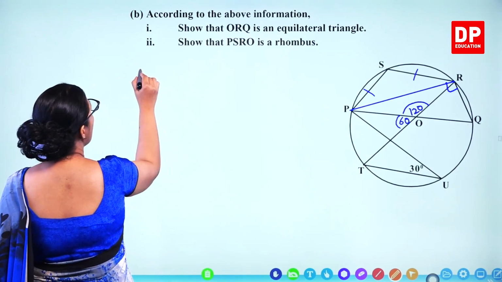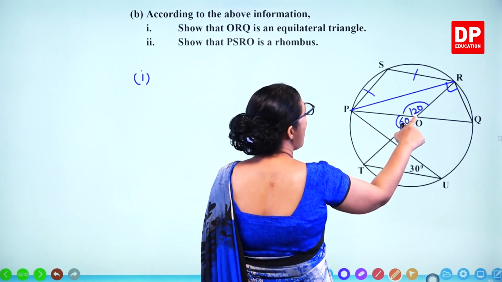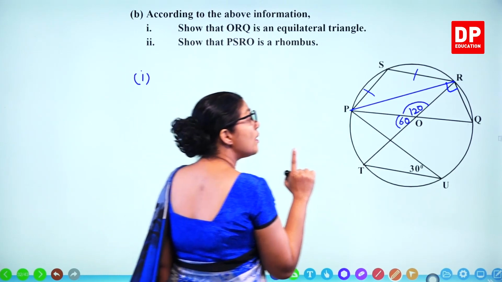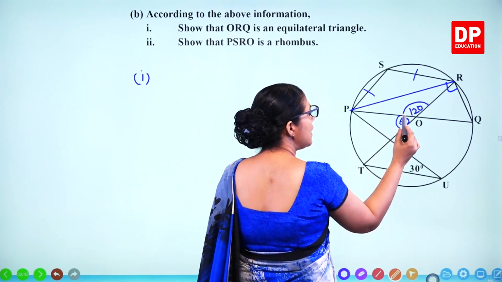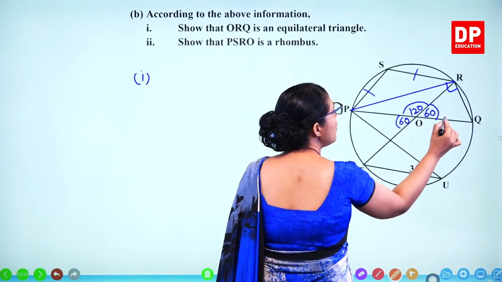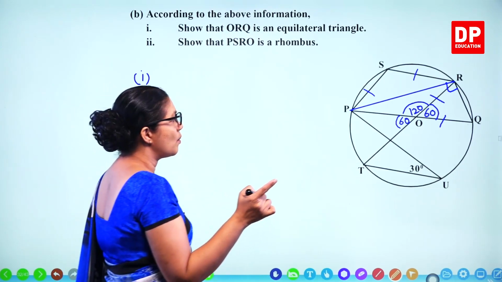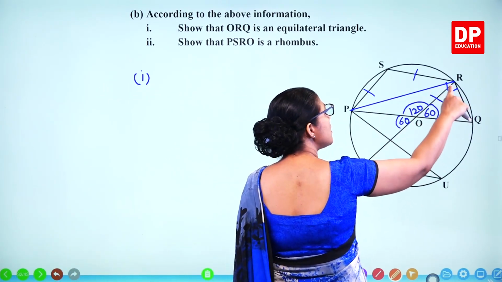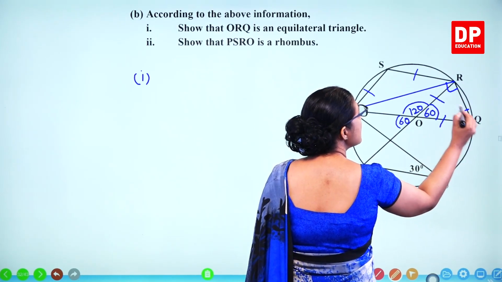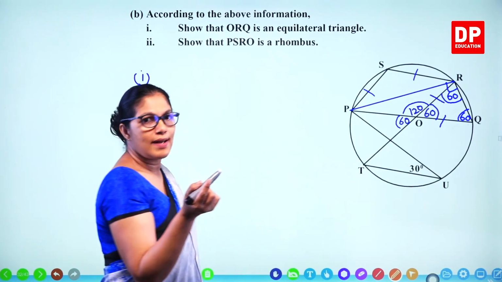Okay, so the first part, ORQ is an equilateral triangle. Now look at carefully. This is 60, so this is 60. But we know these two lengths are equal. If the two lengths are equal, you get 120 for both. 120 divided by 2, 60, 60. Each angle is 60, means this is an equilateral triangle.